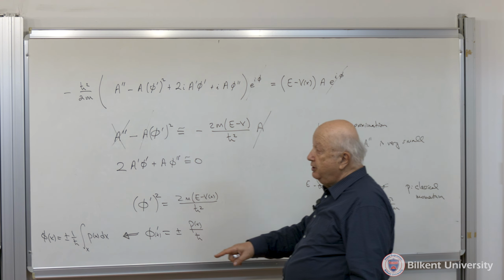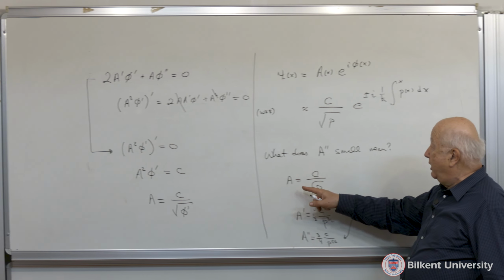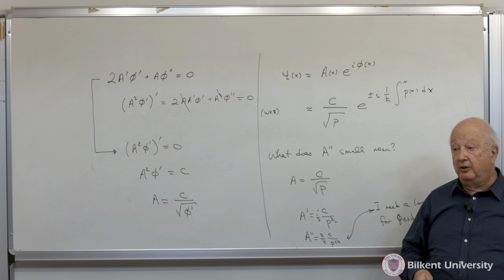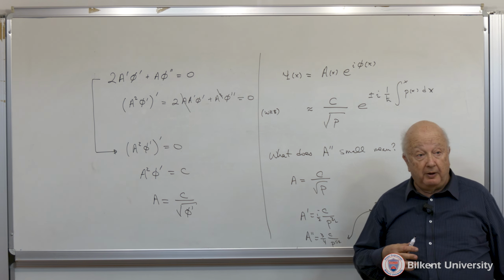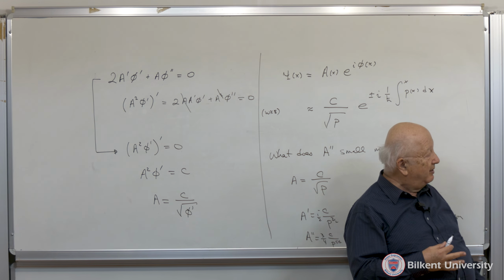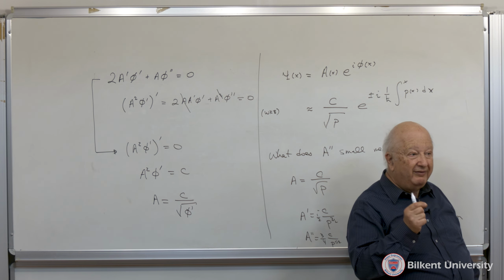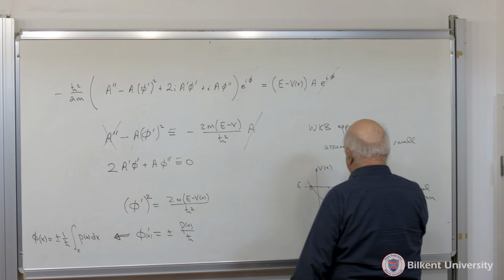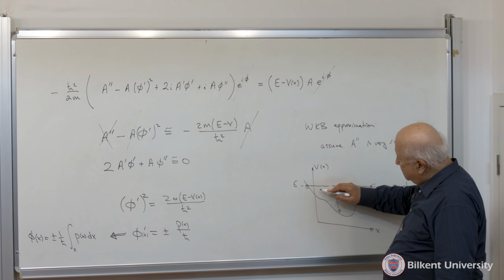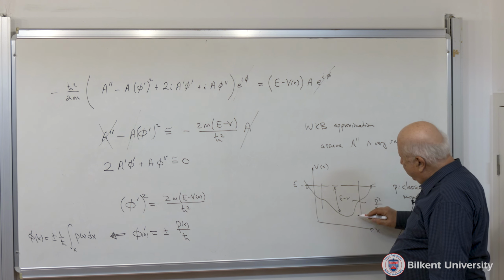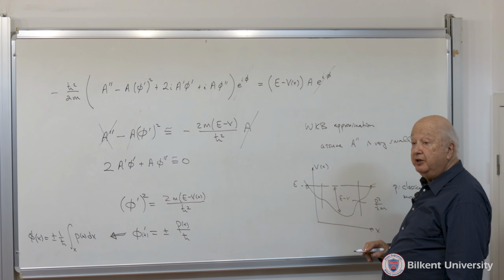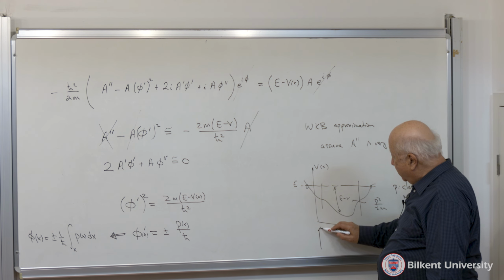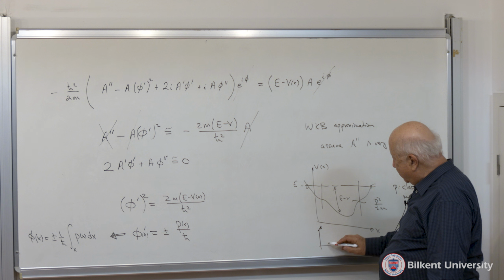So at those points, when P becomes zero, A becomes very large, and the second derivative of A will also be very large. So the approximation is good in some sense when I have short wavelength someplace. You can imagine it's something like this. The particle is moving in this potential, and when it's moving in places where I have a nice large kinetic energy, it has a shorter wavelength. So the psi itself is going to look something like this.